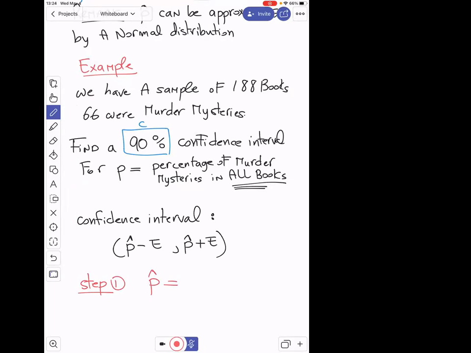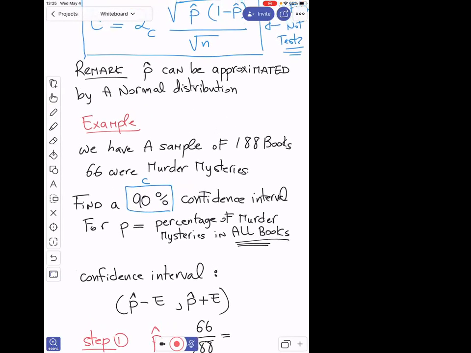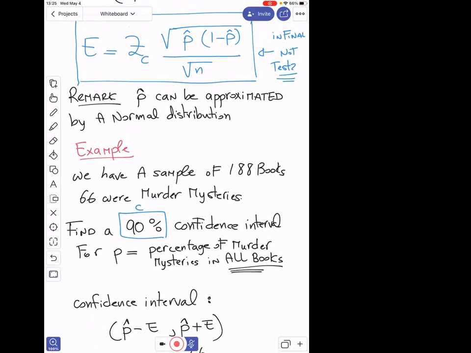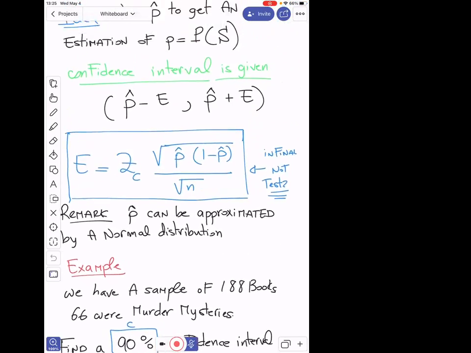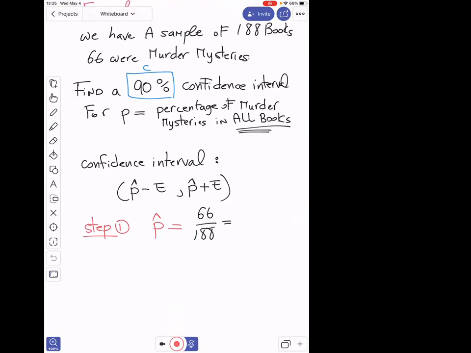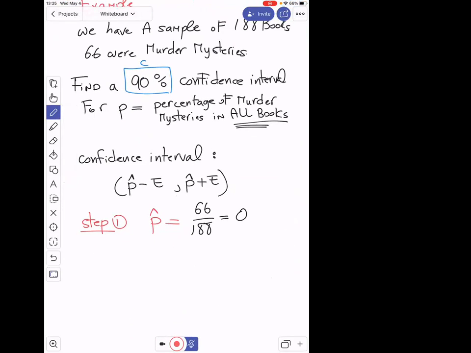The proportion of successes: we have 66 successes out of 188, so this is 66 over 188. The percentage of murder mysteries in the sample of 188 books is 0.35.